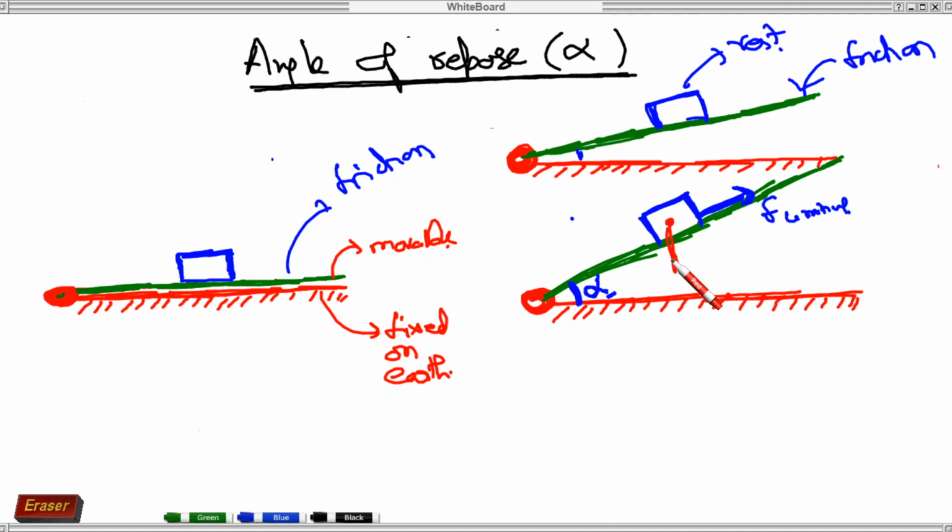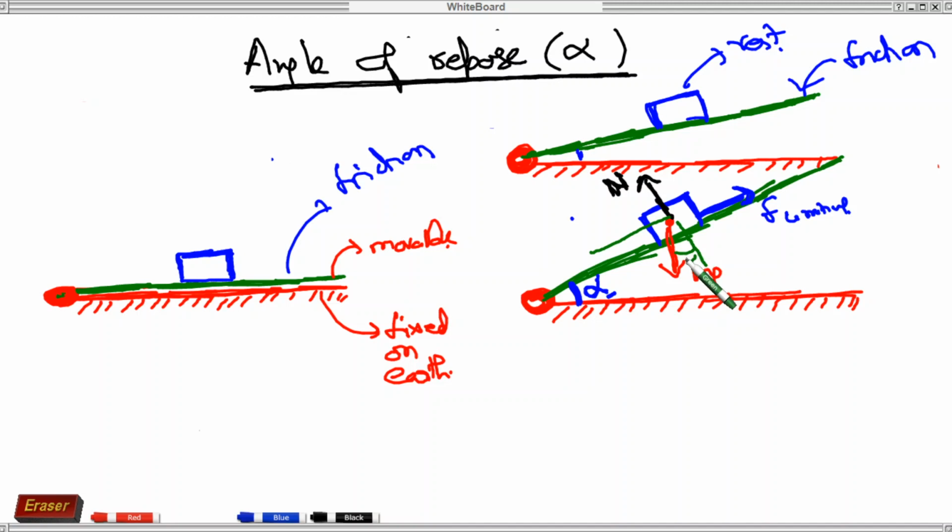mg will be acting like this, and there will be normal reaction acting like this. Let's break the mg into components, in this direction and in this direction.